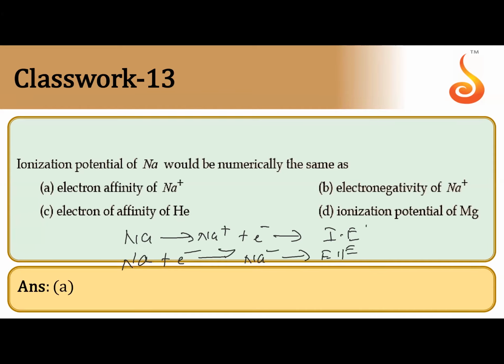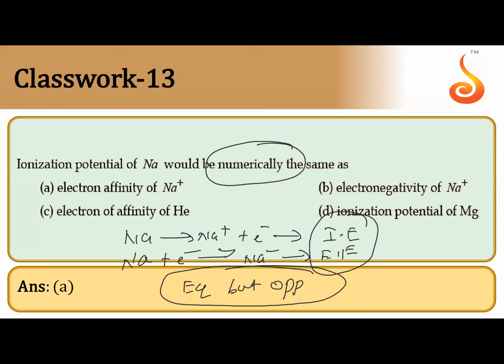See, both values are equal but opposite. Numerically equal means the number is equal. They are not mentioning the signs. Therefore, option A is correct. Numerically, only the number. Sign they have not mentioned.